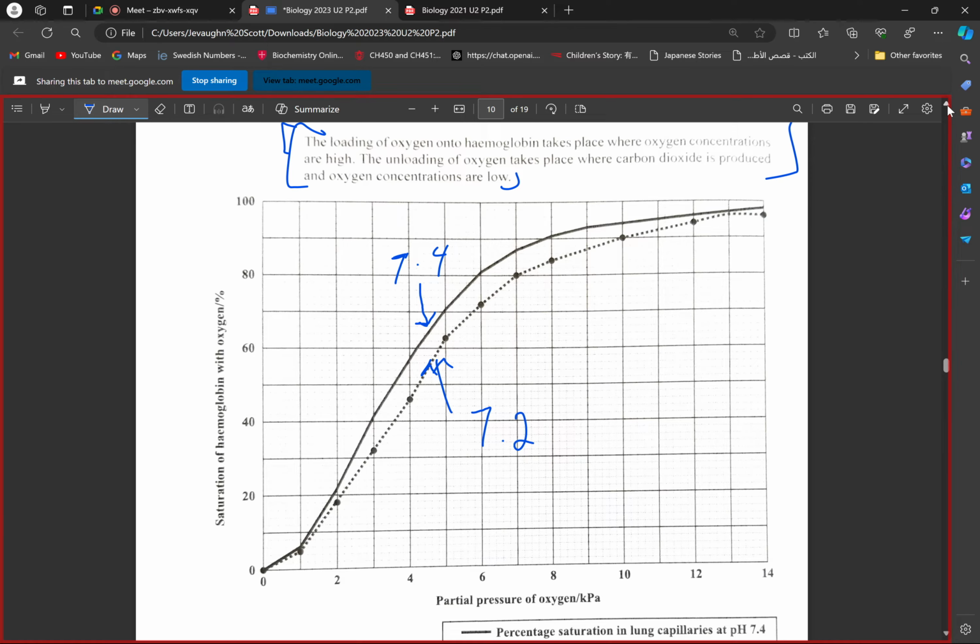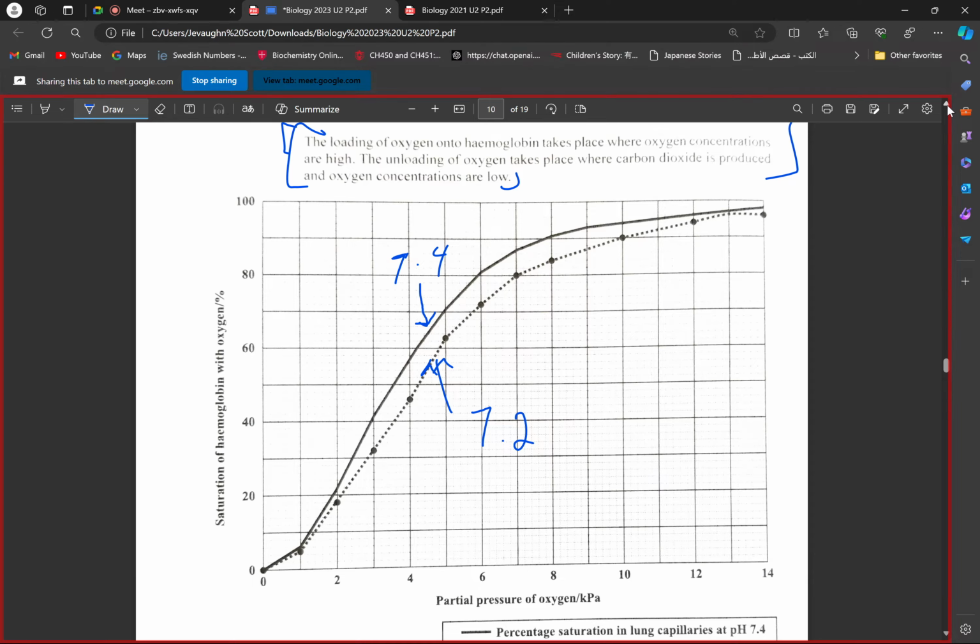Can I go ahead, sir? Go ahead. All right. So the Bohr effect essentially describes the phenomenon where hemoglobin's affinity for oxygen changes depending on the condition in which the hemoglobin is.